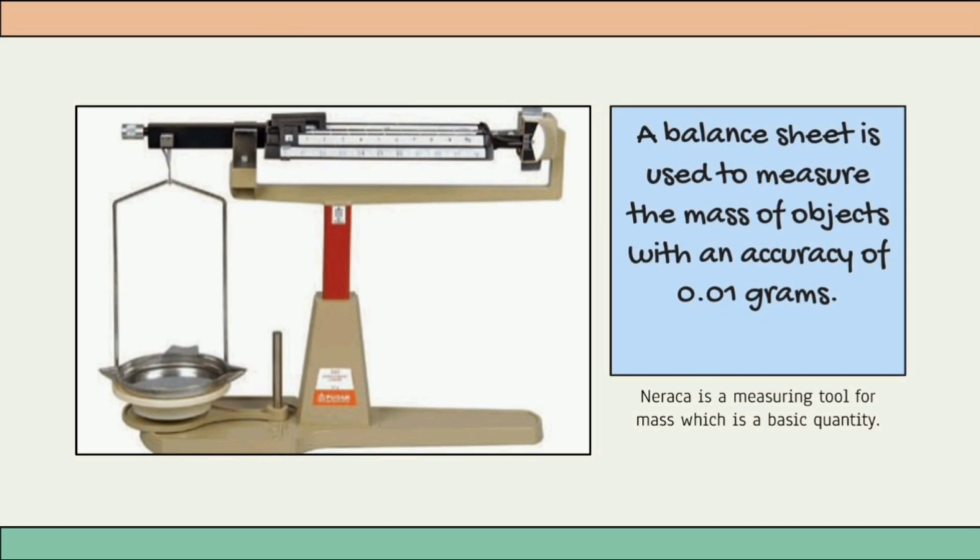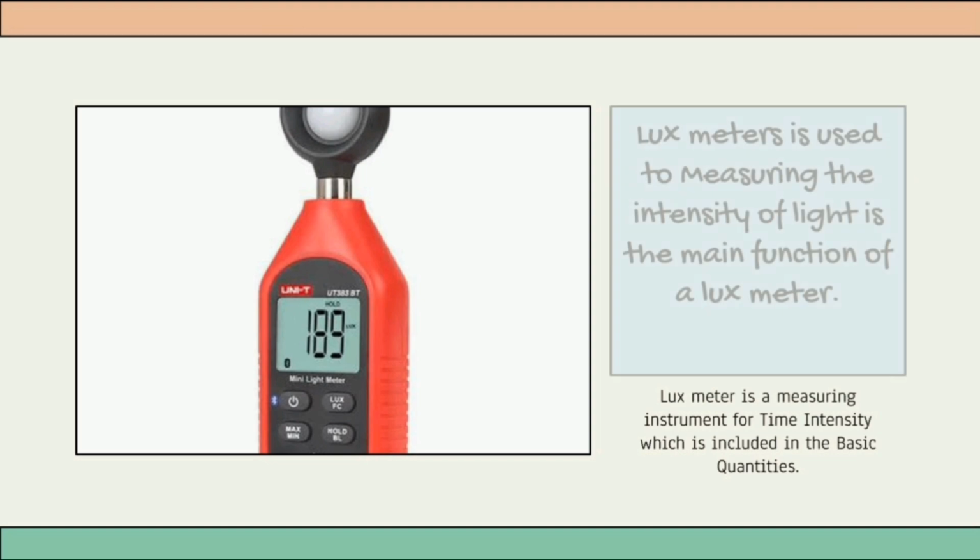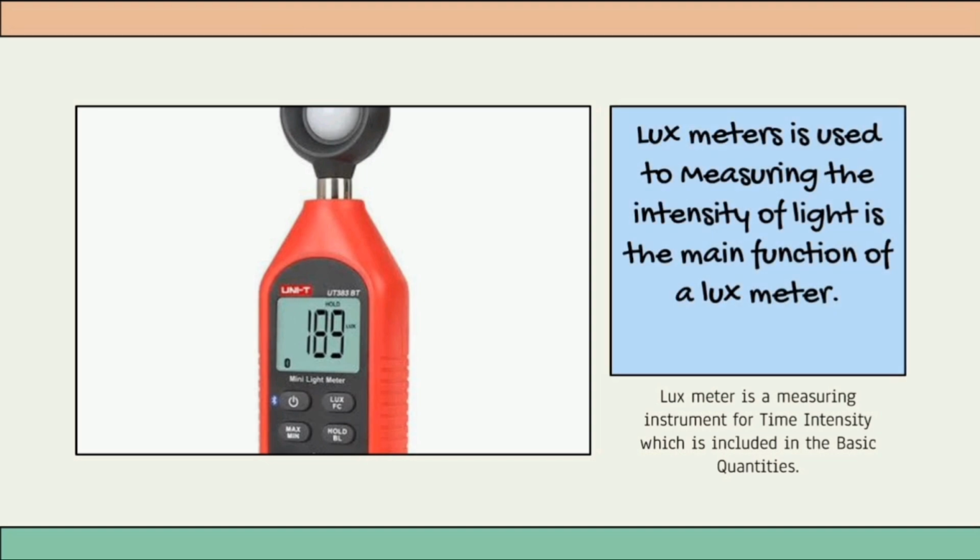A balance sheet is used to measure the mass of objects with an accuracy of 0.01 grams. Fourth, there is the lux meter. Lux meter is a measuring instrument for light intensity, which is included in the basic quantities. Lux meter is used for measuring the intensity of light.